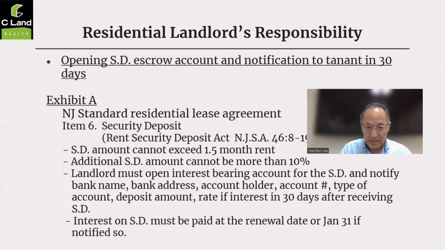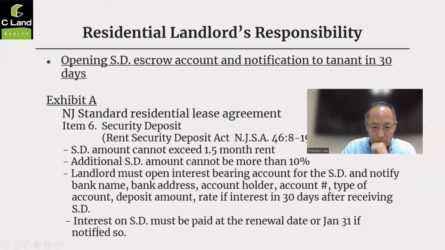Okay. Not only do you open this account, but you also have to notify all these details to the tenant in writing within 30 days after receiving the security deposit. Later on, I'm going to show the samples.